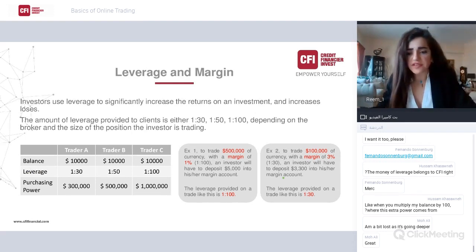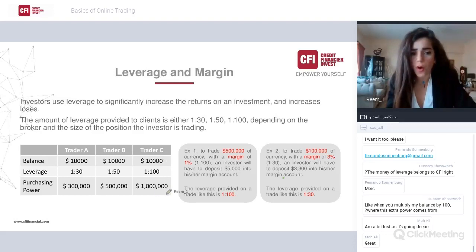The leverage, as I explained earlier, increases your purchasing power. So for every $1 you invest, the company is giving you a purchasing power of 100 times this dollar. So basically with $10,000 you can control 1 million in the market.